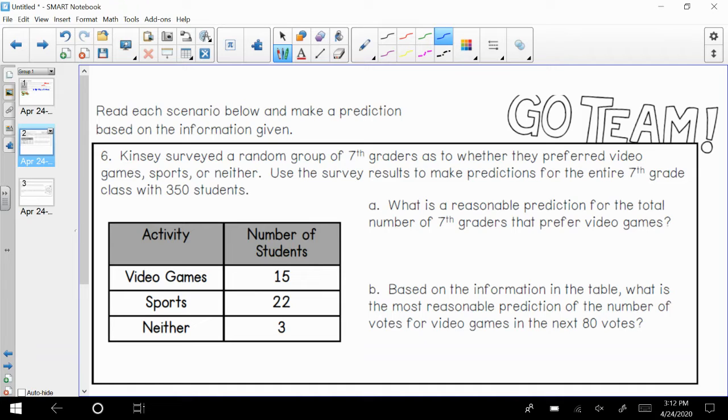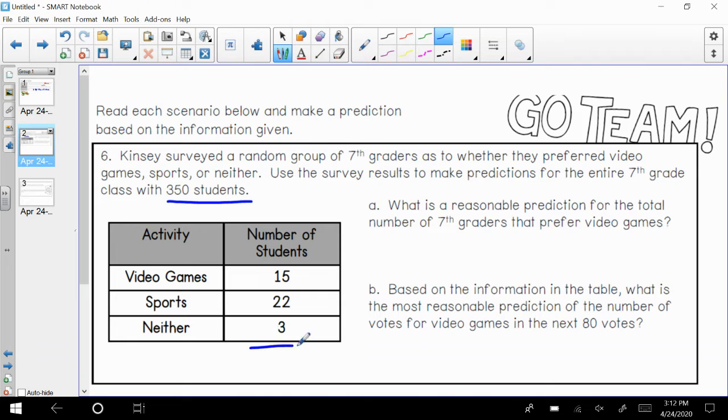Kinsey surveyed a random group of seventh graders as to whether they preferred video games, sports, or neither. Use her survey results to make predictions for the entire seventh grade class that has 350 students. That's not the amount of people she surveyed, that's the total number of students in the class.